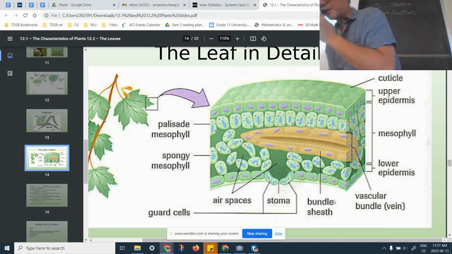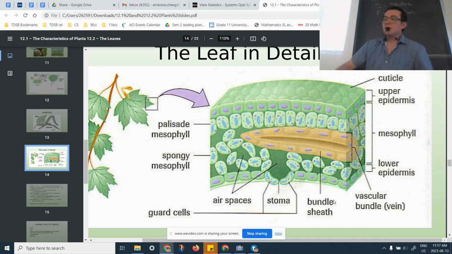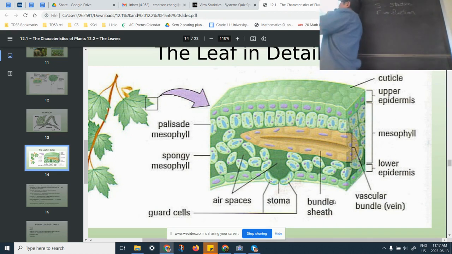So to summarize, because this is important: cuticle, waterproofing, because this is the part with direct exposure to sunlight. Upper epidermis, this is the part protecting the cells, is tightly packed, so again, preventing water loss. Palisade mesophyll, the main place where photosynthesis happens, lots of chlorophyll.